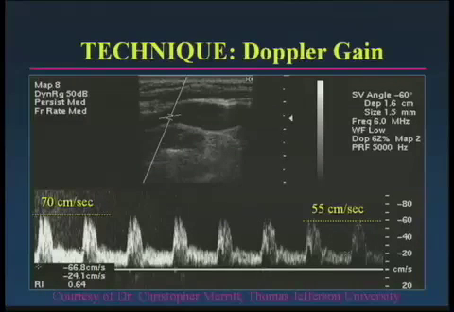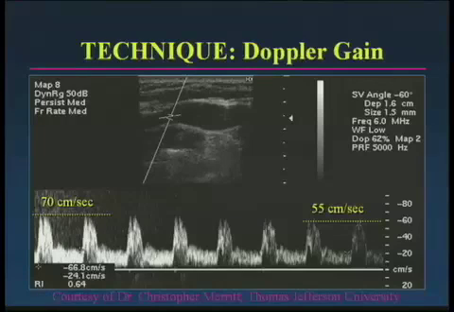Just like gain can be a problem in evaluating plaque, if the gain is incorrect, it can affect the Doppler peak systolic velocity as well. This is an example lent to me by Dr. Christopher Merritt from Thomas Jefferson University, where he made a continuous tracing of peak systolic velocity in a volunteer's internal carotid artery.